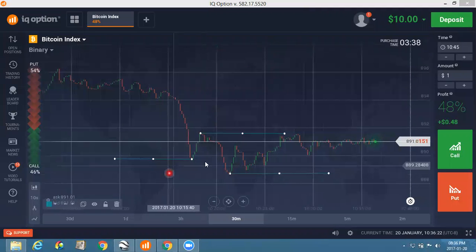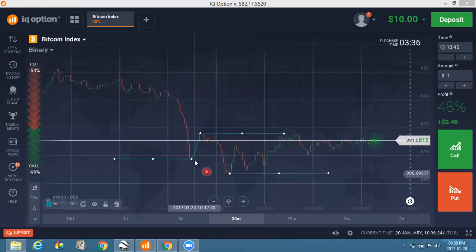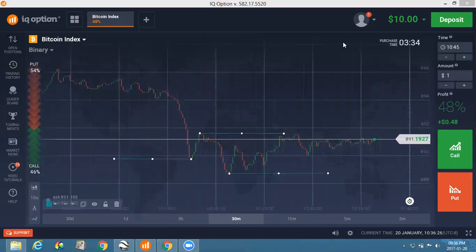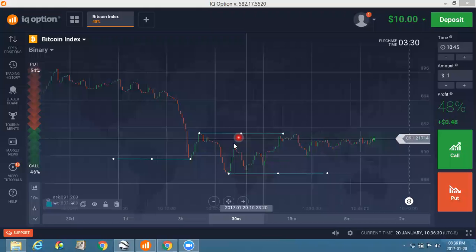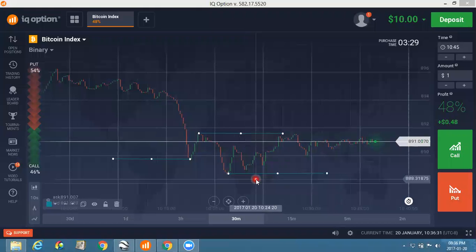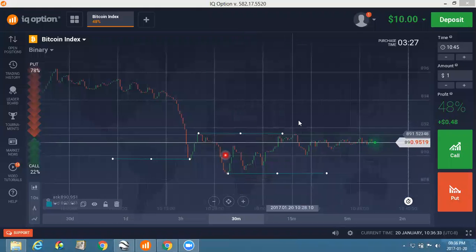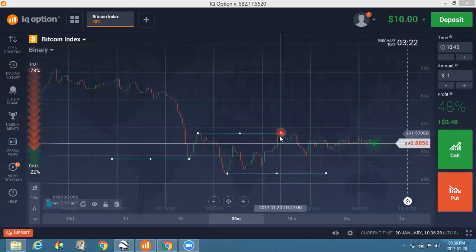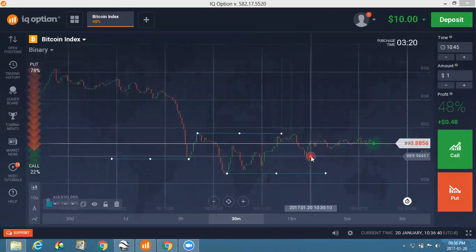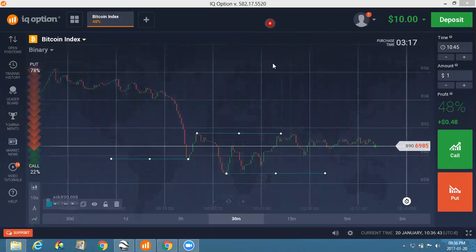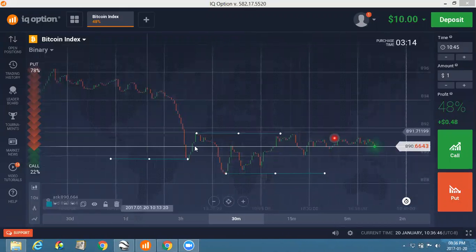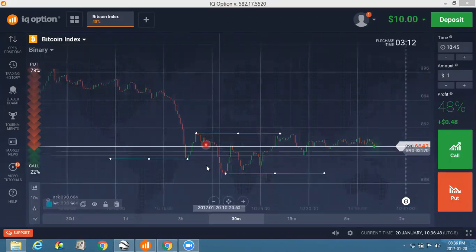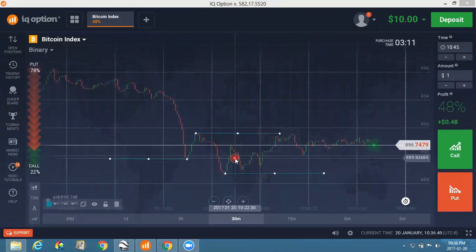These are not the only highs and lows in this area. There's a lot. This is also a swing low, this is a swing high, a mini swing high, a mini swing low, whatever. I just want to highlight the main ones so they're easy to reference.